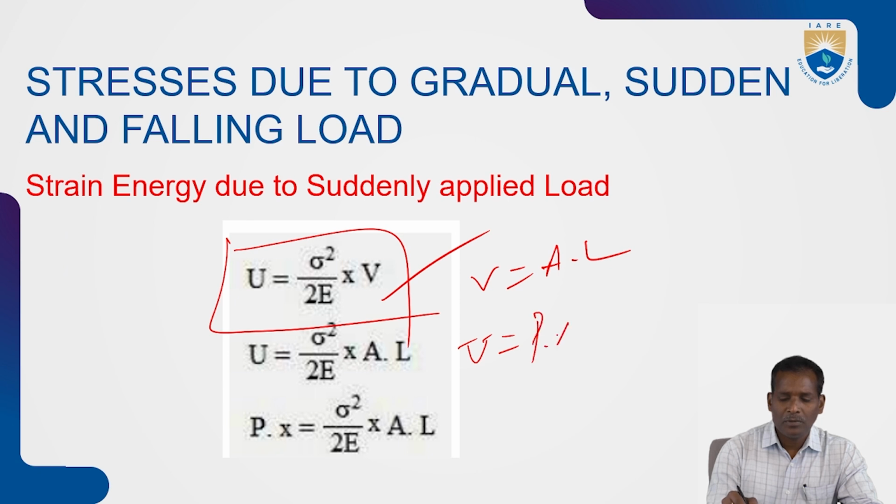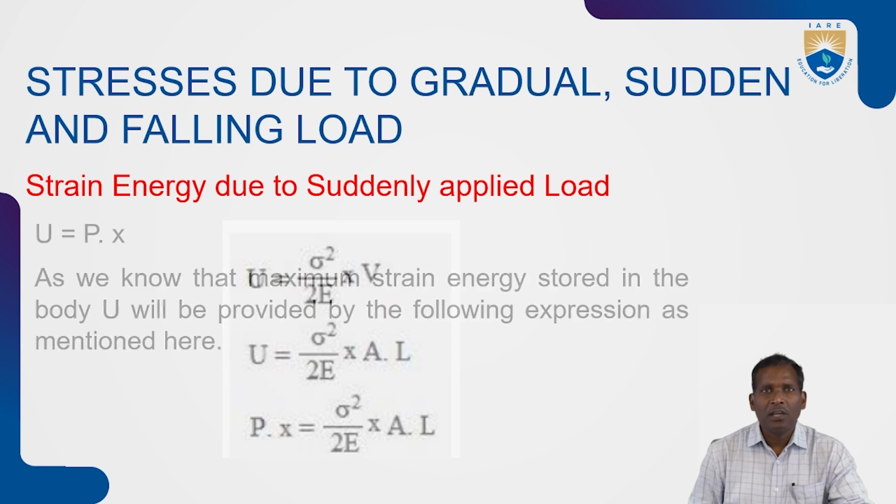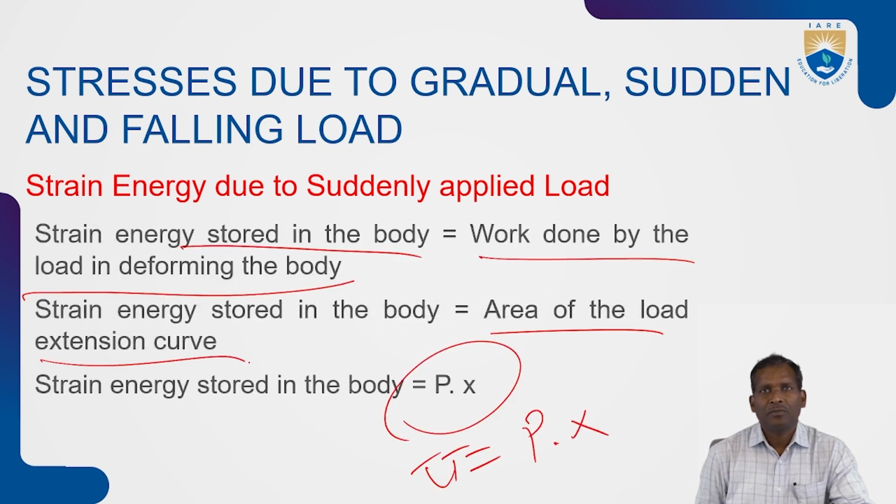But U is also equal to P into X. The strain energy stored is equal to the work done by the load, that is the area of the load extension curve.